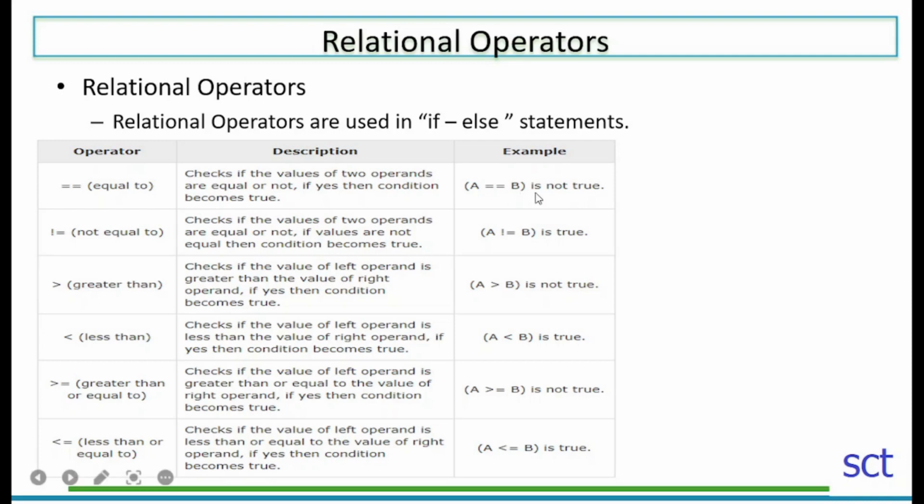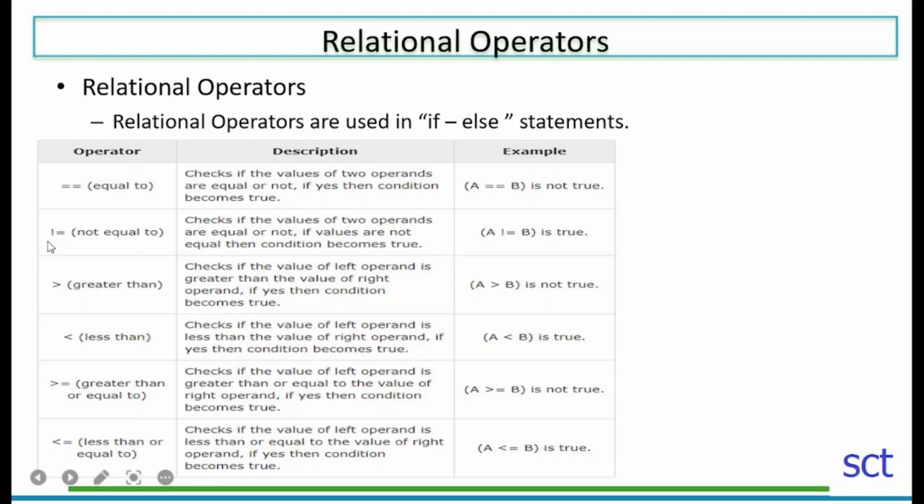So it is not going to be true, it is going to be false because A is not equal to B. So whenever you wanted to check if A is equal to B or not, when A value and B value are both the same, then it will be true. If it is not equal, then it is going to be false. So it is going to give you true or false as a result here.